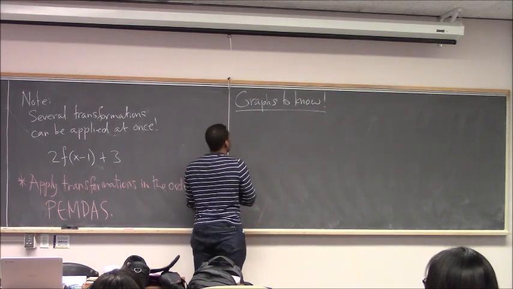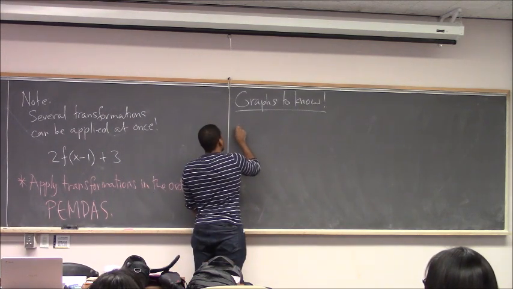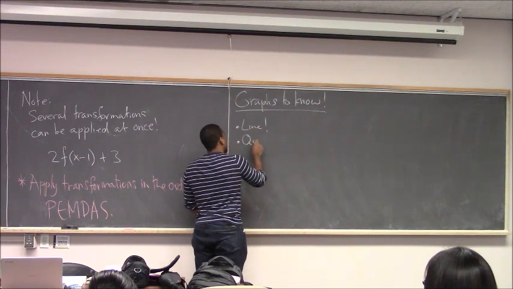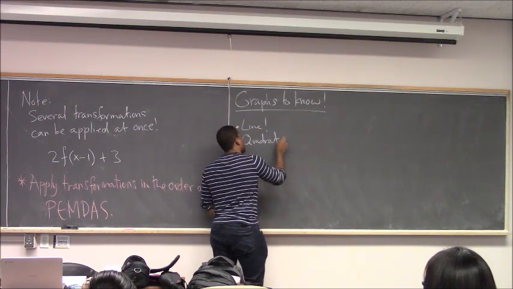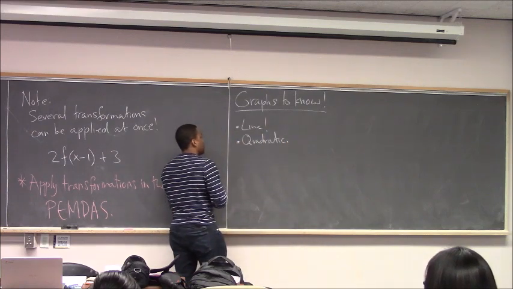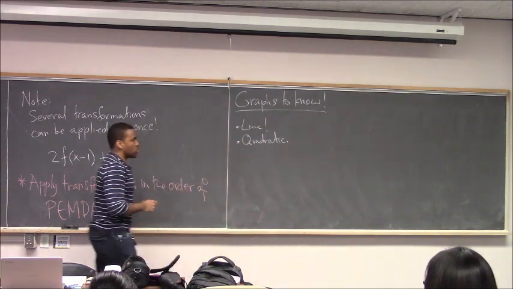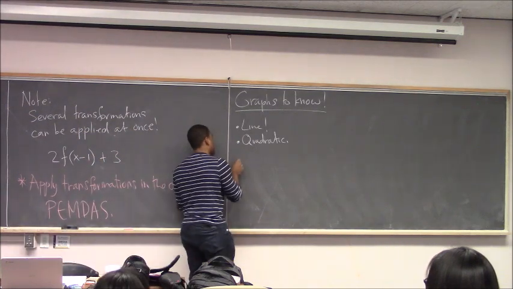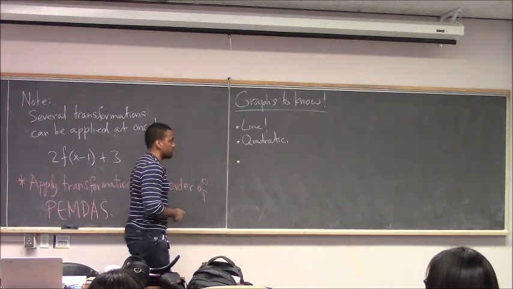So something like, well, first of all, any line, any quadratic. But I'll specifically mention x squared and x cubed later because we're going to apply it to something else.